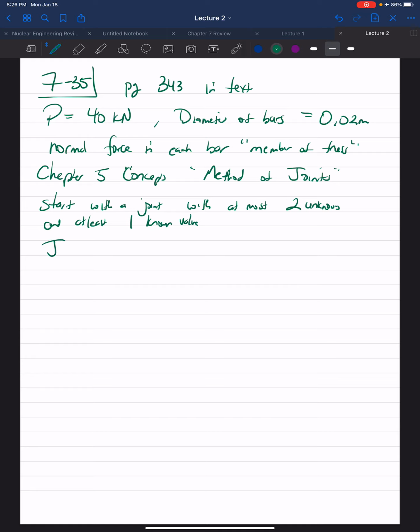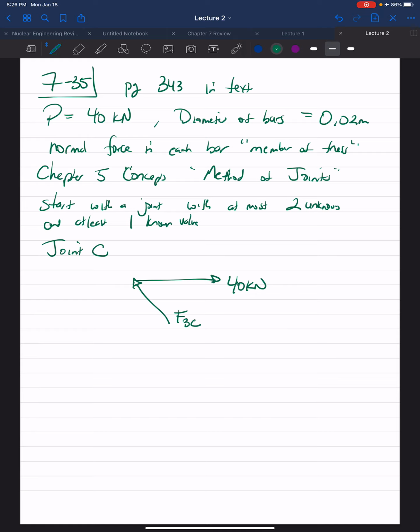So if we start with joint C, they gave us P is 40 kilonewtons. You have your FBC, which has to be to the negative x direction to balance out the 40 kilonewton force.